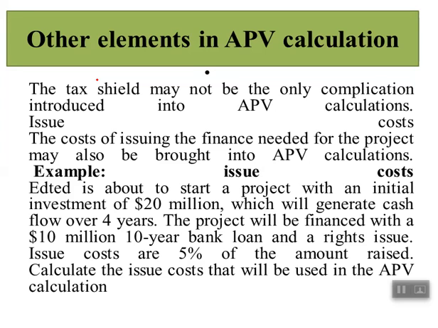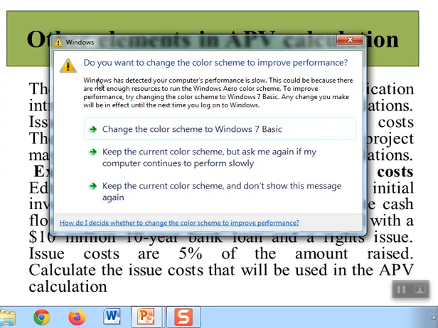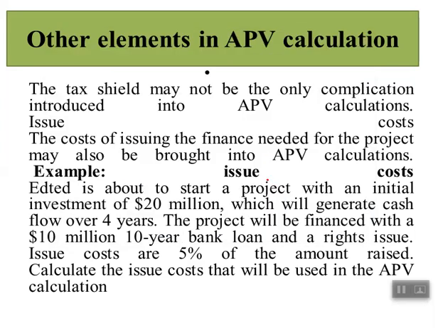So what we need to know is whether those costs are tax allowable or not tax allowable. If the costs are tax allowable, then you need to look at the timing of the cash flows of those tax savings. So let's look at this example.